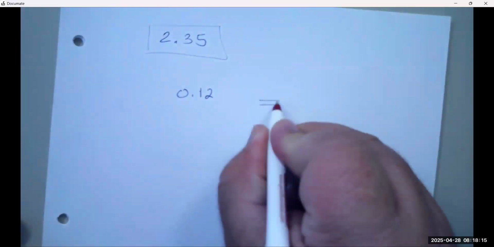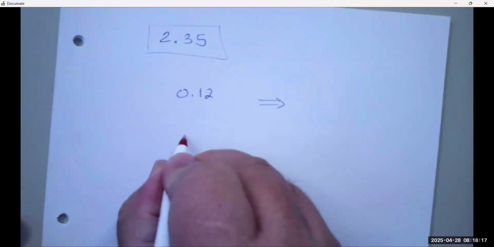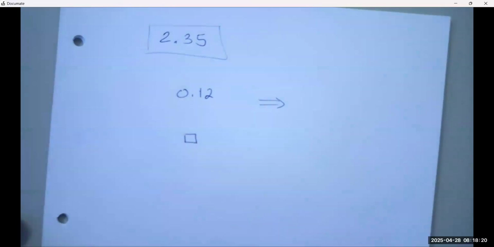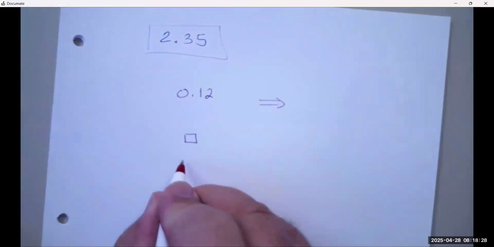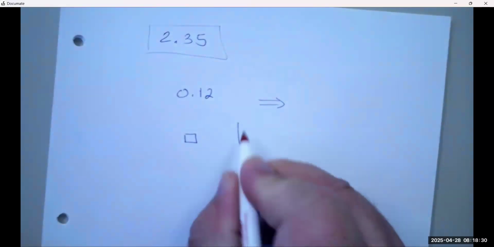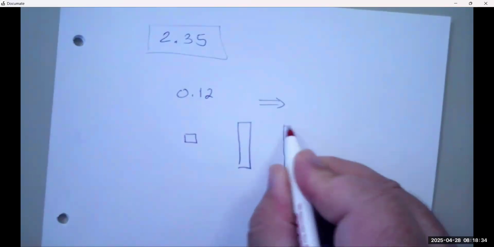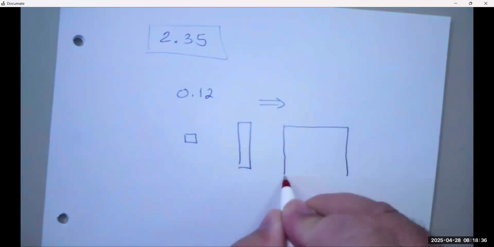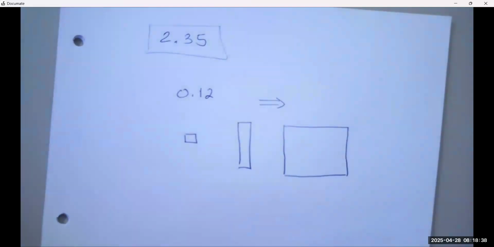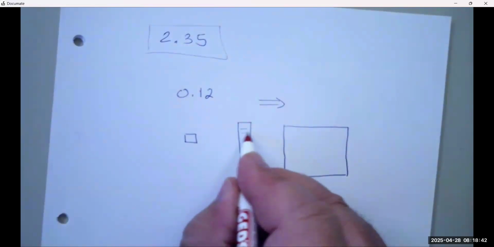So in manipulatives, how much is that worth now? Think of what we have. Remember, we're dealing with decimals here. So how many of them are in this long?